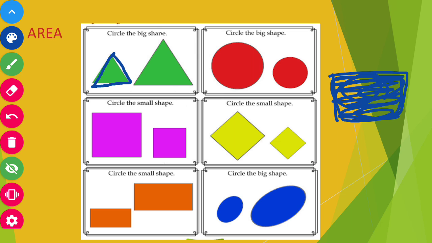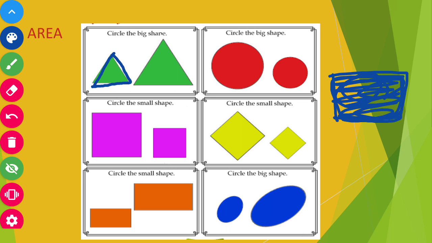Here it is a two-dimensional shape. Area will have two dimensions, that is length and breadth. It has length and breadth, but it doesn't have thickness. See children, which shape is bigger in size? If the shape is bigger in size, then it has a larger surface, isn't it?